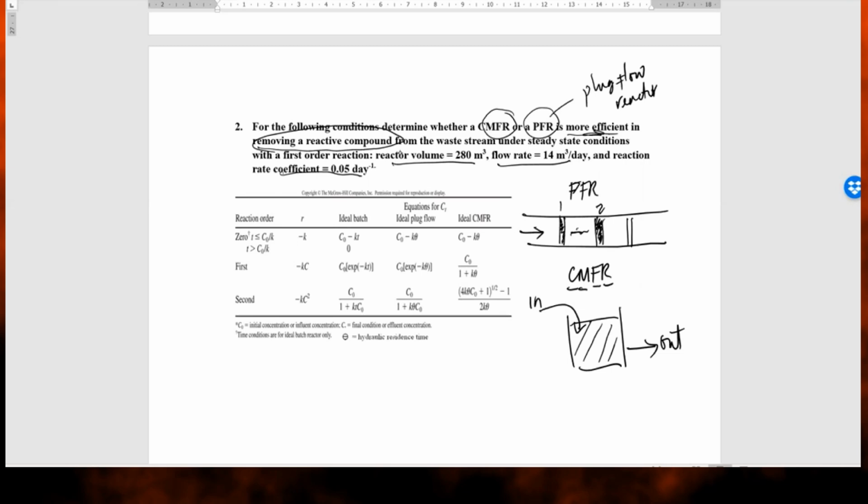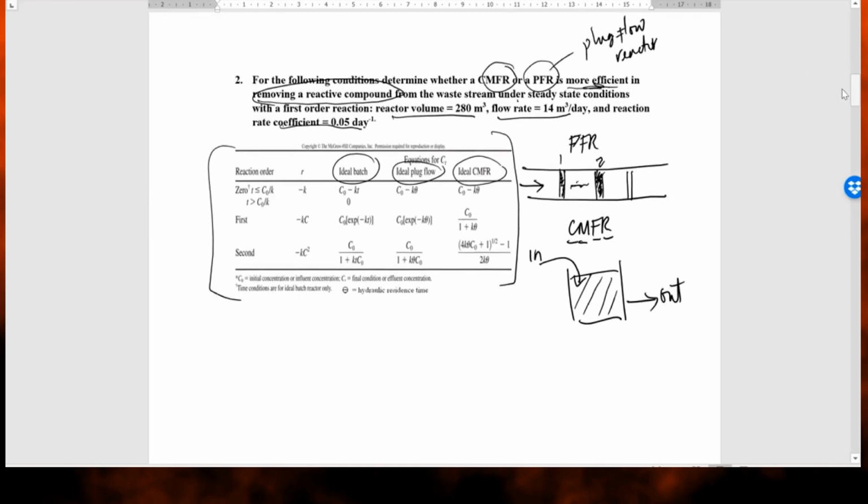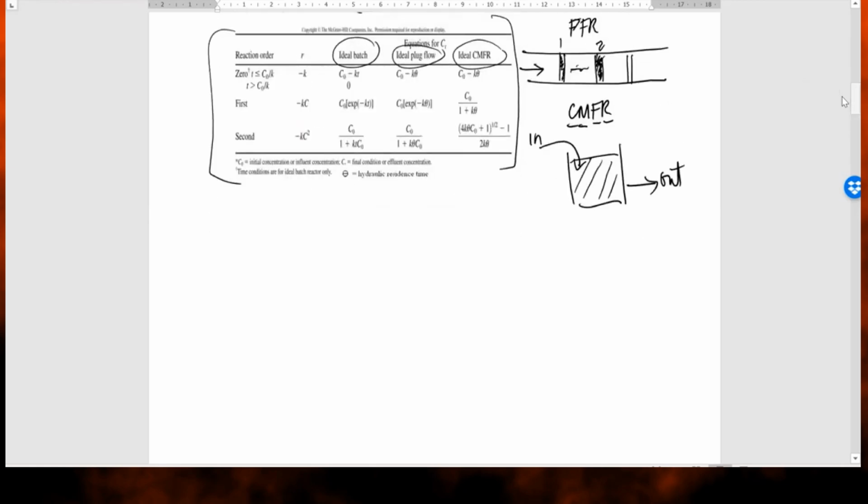All right, so this is the different equations for various reactors. You have batch, plug flow, and CMFR. So this is for steady state condition, and it's already stated that it's steady state condition as well, all right? So we get a solution here. So what are the given? Let's first put all the given.